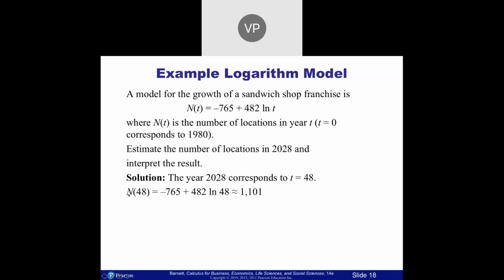No derivative, we just plug 48 right into this formula, and we get 1,101. Take the natural log of 48, multiply that by 482, subtract the 765, and that's how they arrive at this answer.